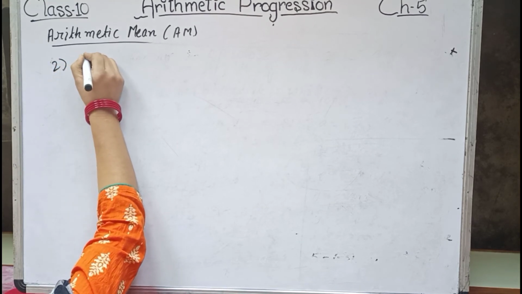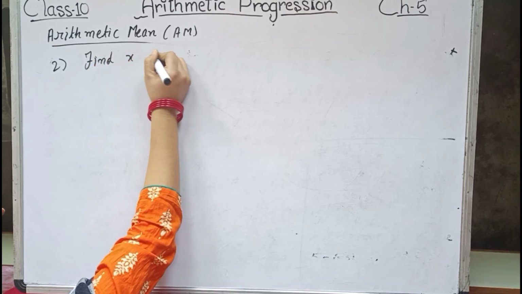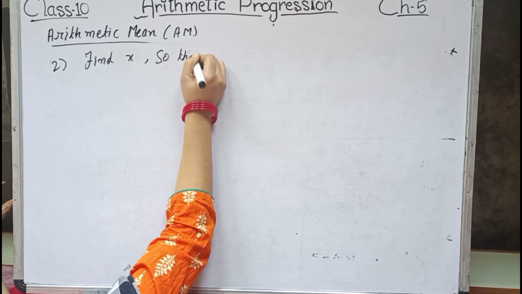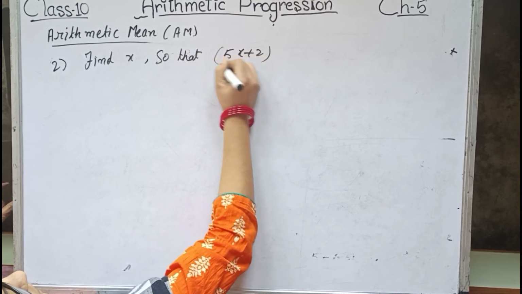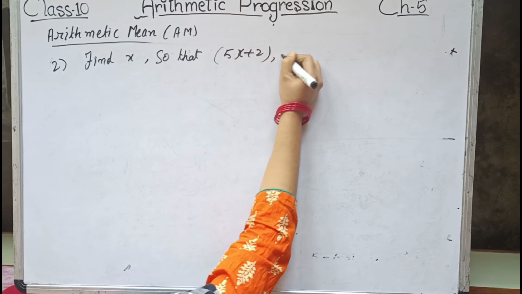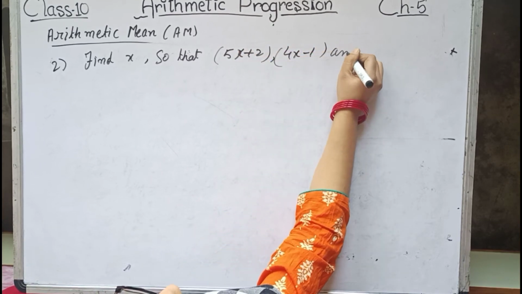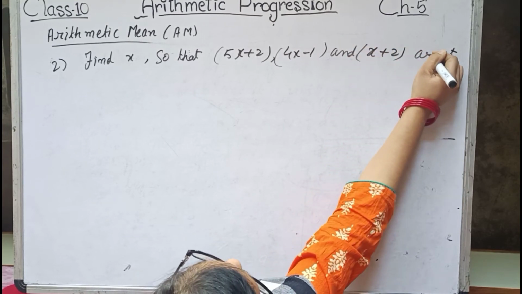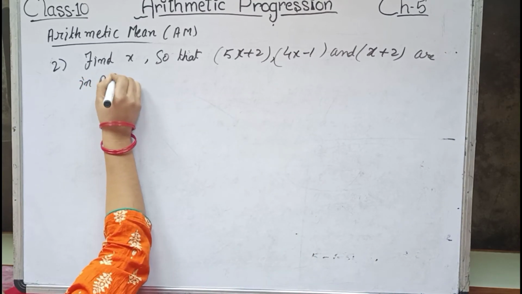Question number 2. Find x so that 5x plus 2, 4x minus 1 and x plus 2 are in AP.